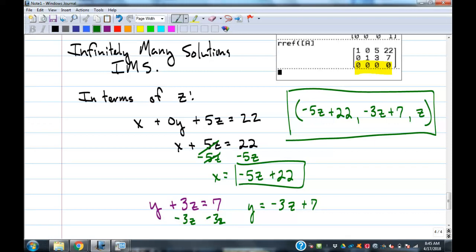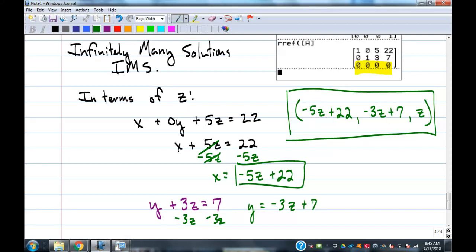Okay. If I ask for another letter, then you would just take these same equations and solve for a different letter. If I ask for it in terms of x, then you could get z in terms of x, and since you know what z is, you could get y in terms of x with a little substitution.